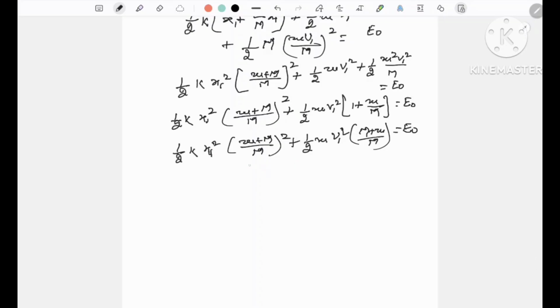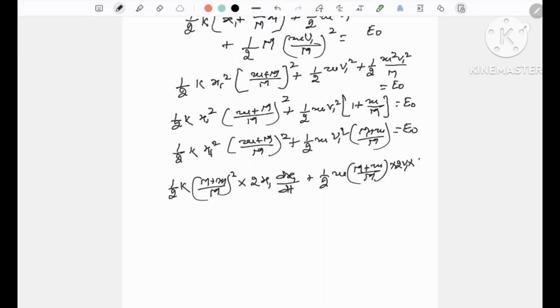Differentiate with respect to t: half k (M plus m by M) square into 2 x1 dx1 by dt plus half m (M plus m by M) into 2 v1 into dv1 by dt, and E dot is constant and this is 0.